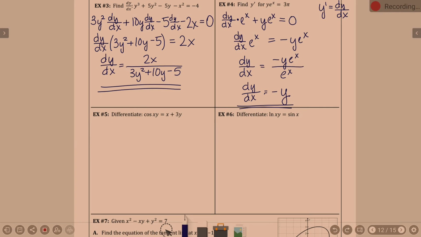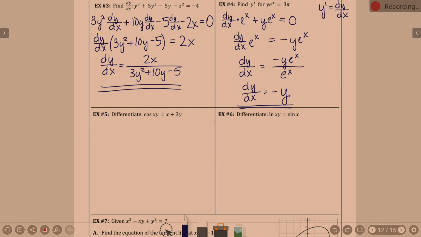Okay. You ready for 5? Yes. Let's do it. Oh, we get to use the chain rule here. Okay. Differentiating cosine of xy equals x plus 3y. What is the derivative of cosine of xy?